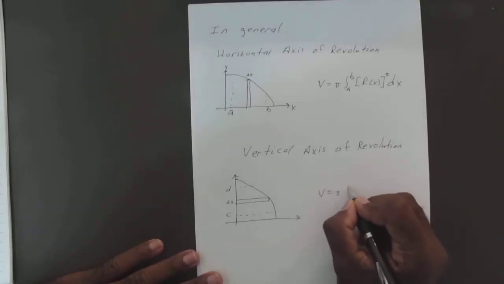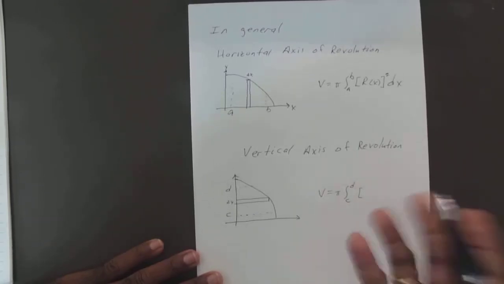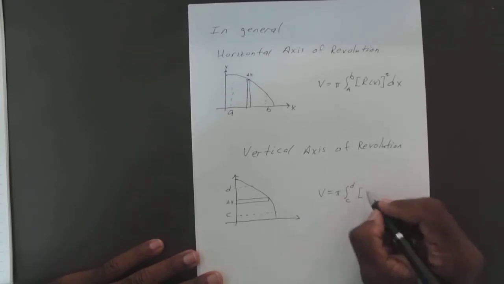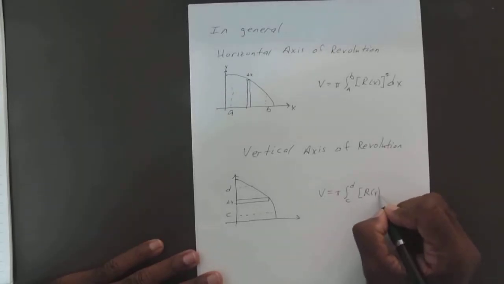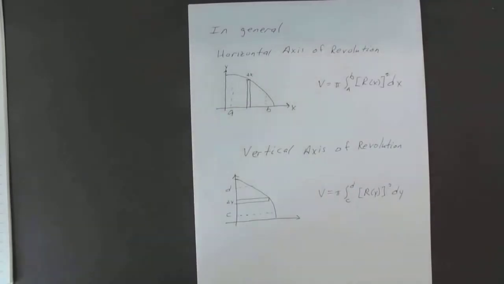And that revolves around the y-axis. So the volume would just equal pi from C to D. The only difference is instead of x, you'll be using y, with respect to y. So the exact same formula, just with respect to a different axis.